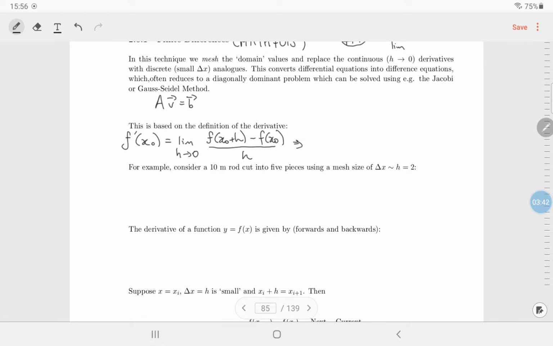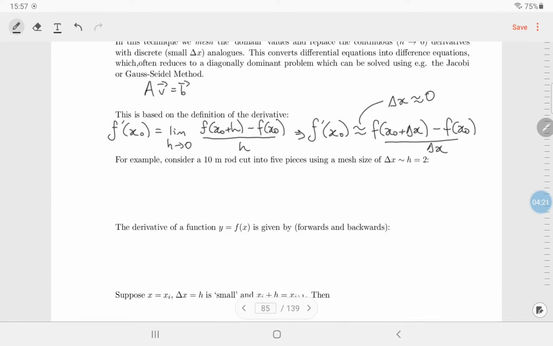What that implies is that if h, which I'm going to call delta x here, is small, then you can approximate the derivative at x0 using f(x0 plus delta x) minus f(x0), divided by delta x. The smaller that delta x is, the better this approximation is.